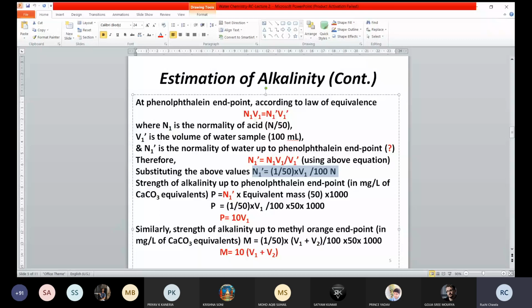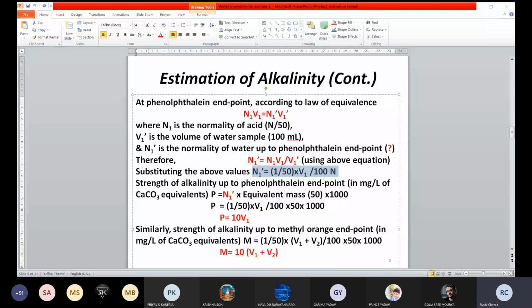Ma'am, strength is equal to normality into equivalent weight. Yes, that is right. You multiply the normality by the equivalent mass of the solute, so you get the strength of the solution.